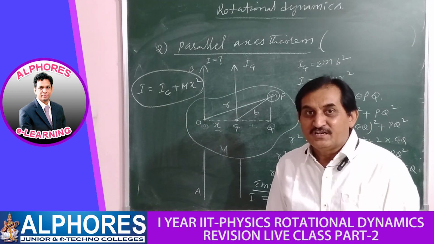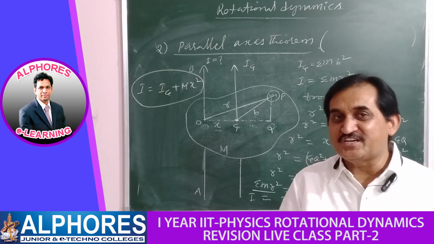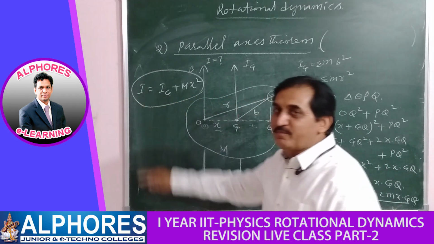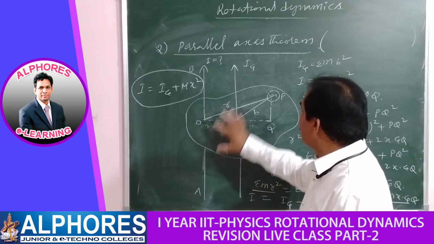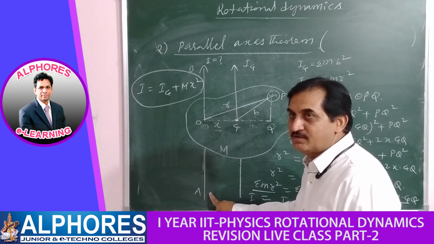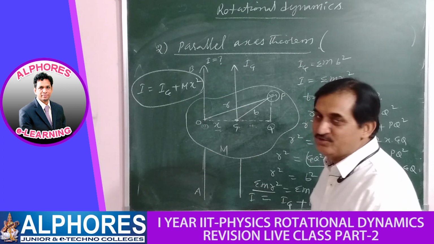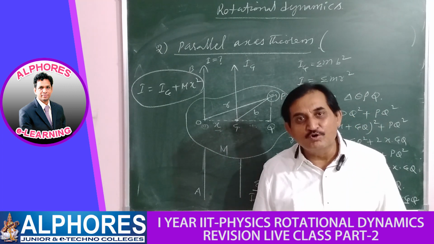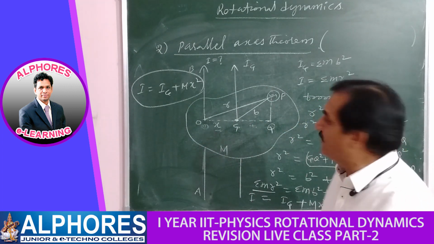Now I am giving its statement, what exactly it is. I is the moment of inertia of this regular body about this axis, an unknown value. This is a known value, passing through the center of gravity.